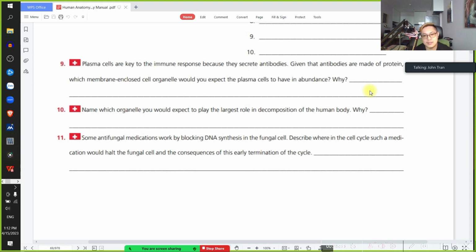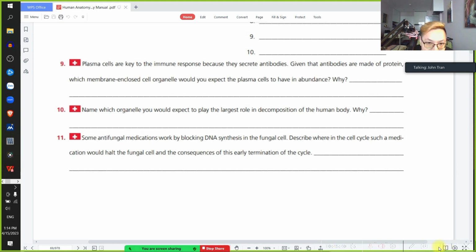Describe where in the cell cycle such a medication would halt the fungal cell and the consequences of this early termination of the cycle.